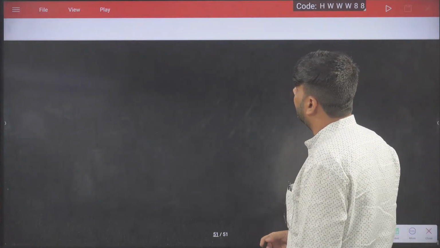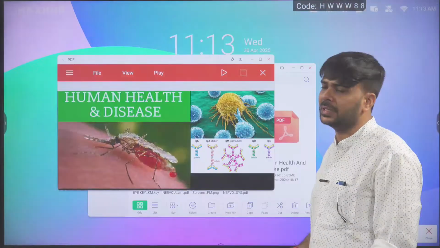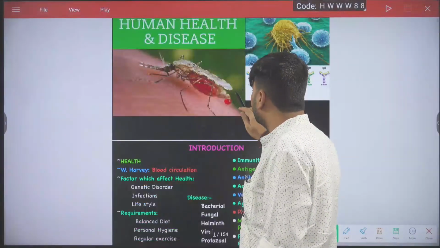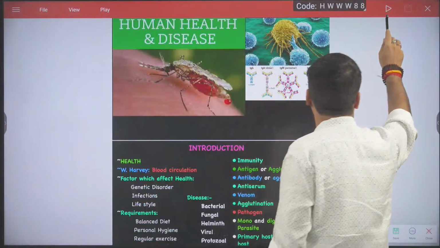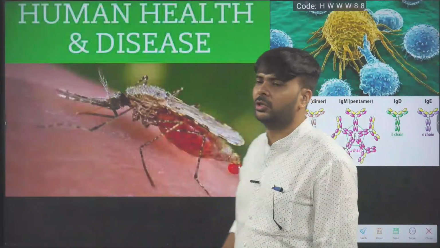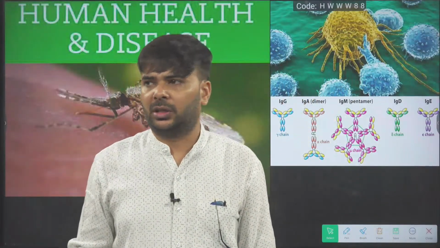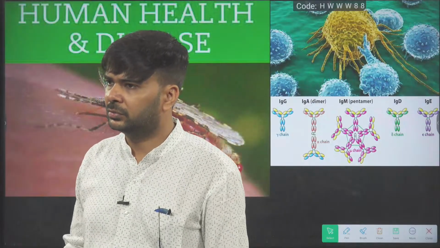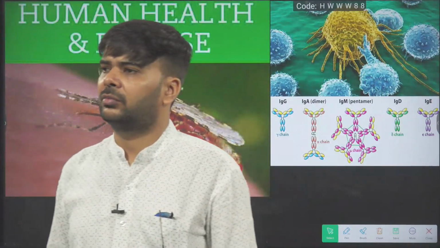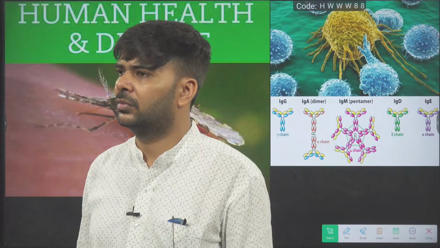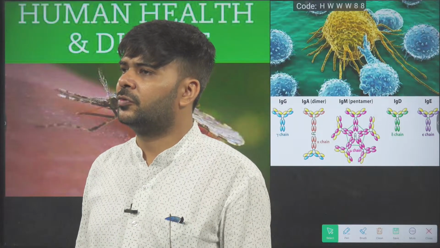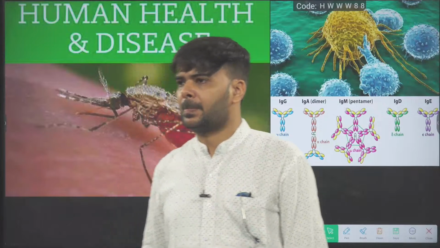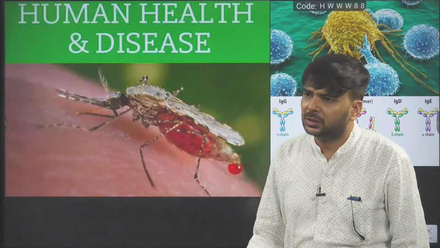Now our next topic is human health and disease. To understand the human health and disease chapter, first I want to ask, what do you mean by health? Anyone? What is the meaning of health? Well-being.